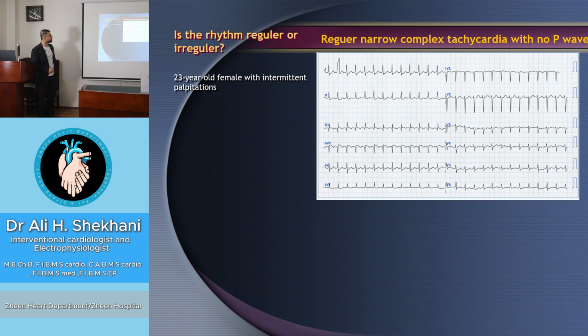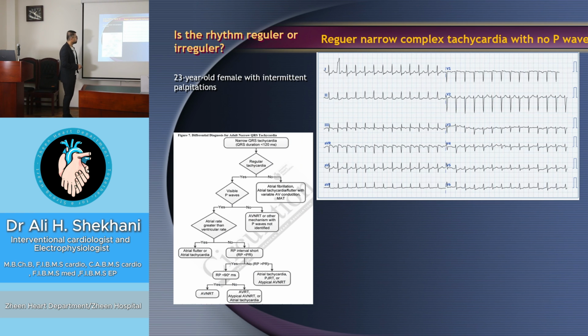This ECG is very clear, narrow complex tachycardia, regular, and I can't see any P wave clearly. So if we go to the algorithm, this is most likely AVNRT, as there is no P wave here.